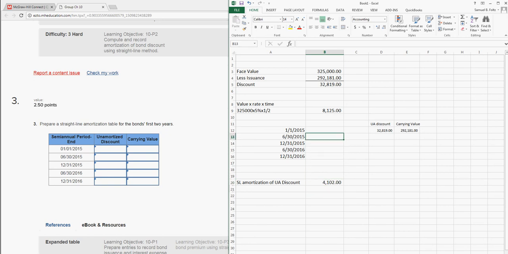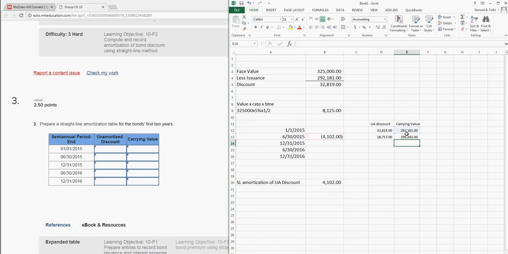So if in the first period I make my interest payment and pull my unamortized discount down by 4,102, I'm just going to say minus 4,102 here, then this is now 32,819 minus that 4,102, and this is going to be the carrying value plus the 4,102.